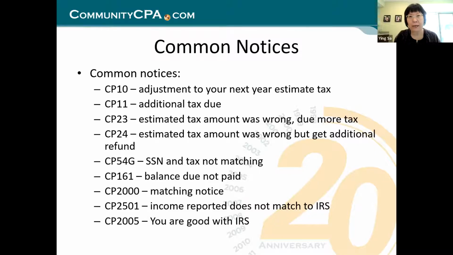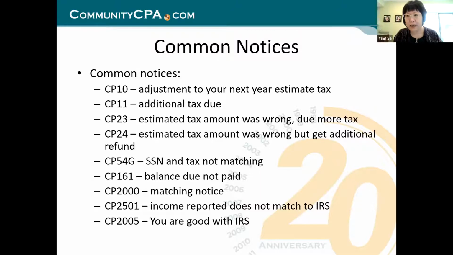And in our Saturday webinar, we even showed you what it looks like and how we resolve that. You can get such a big notice, but at the end you get a $35 refund back instead of paying $93,000 in taxes, right? So CP2000 is really not an audit, but it is a change the IRS proposed to you.